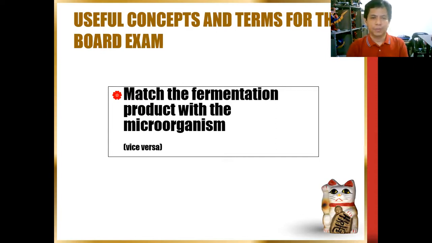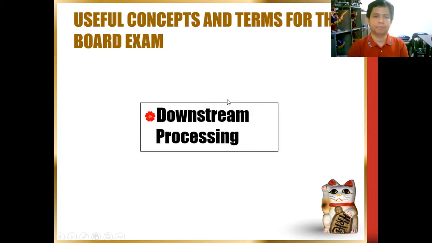So, halimbawa, ang fermentation product ay penicillin. Ang nagpo-produce ng penicillin ay Penicillium chrysogenum. So, dapat memorize niyo yan. O kaya naman, vice versa. So, halimbawa, yung microorganism yung given, dapat alam niyo yung fermentation product. Halimbawa, Acetobacter aceti, ano yung fermentation product? So, vinegar. O kaya acetic acid. Ganun. Yun yung lumalabas sa board exam.